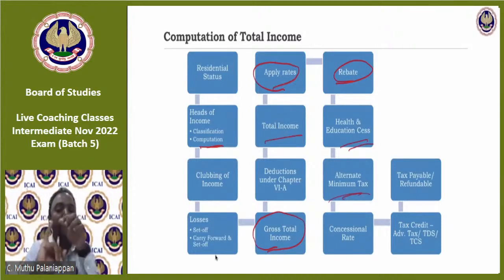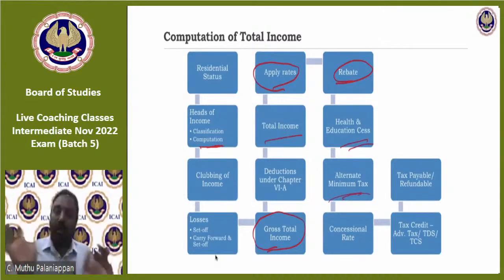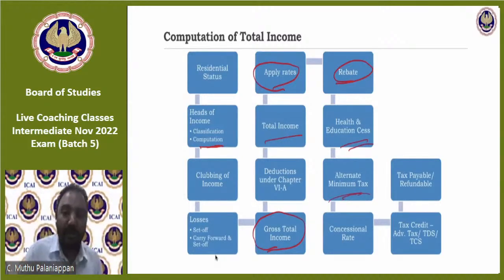Now you are finding out an alternate, something else, and that should be your minimum tax. So you're calculating some other tax, which should be the minimum tax. Then we'll see what exactly the scenario should be. It might seem something odd. Anyway, we'll have a separate, detailed understanding of this alternate minimum tax.